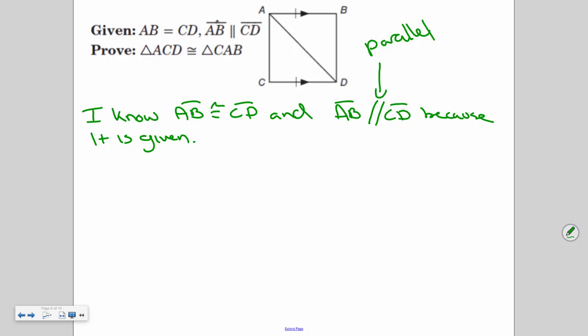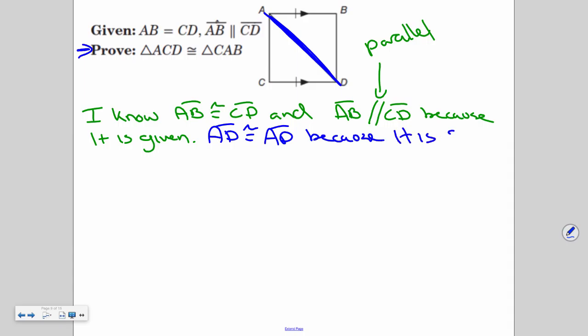You can also see, this is going to be my last sentence, proving something. But I again have this shared side. So what I'm going to say is AD is congruent to AD because it is shared.